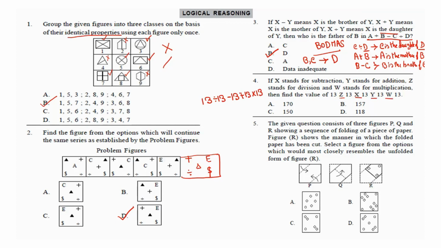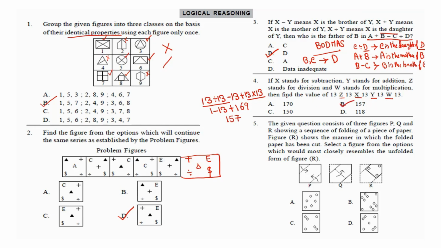That's it. Here again we will follow the BODMAS rule. 13 divided by 13 is 1, minus 13, plus 13 into 13. 13 into 13 is 169, so this will be 157. So 157, B, is our correct answer.